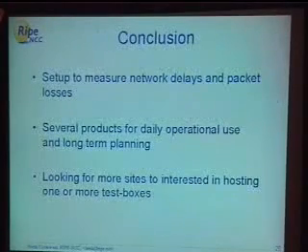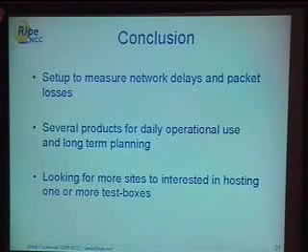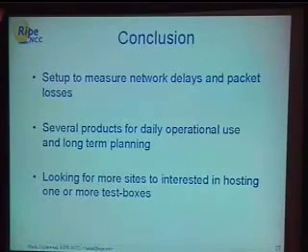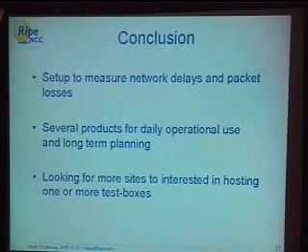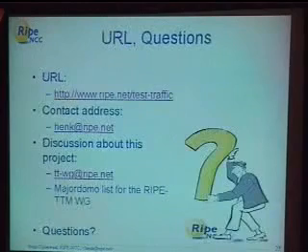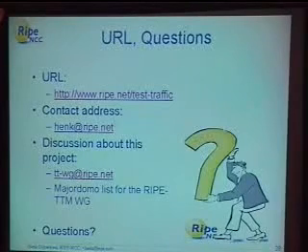So, to conclude, I've shown that we have a setup to measure network delays and packet losses. We have products for daily use, and we're always looking for more sites interested in hosting one of our boxes. And just to finish off with the contact information, the project has its URL, it's above.